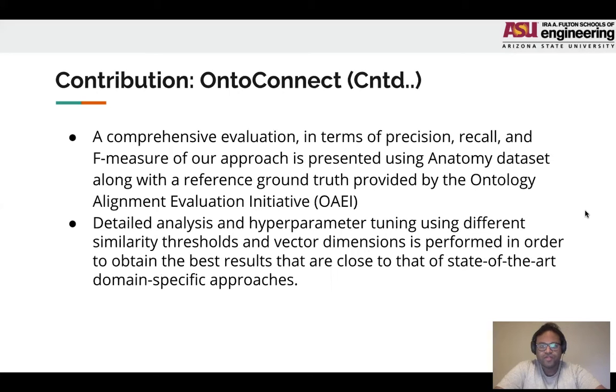We also tested our tool on the anatomy dataset against the reference gold truth provided in OAEI, the Ontology Alignment Evaluation Initiative. With detailed analysis and hyperparameter tuning, we can generate results which are comparable to state of the art domain specific approaches.